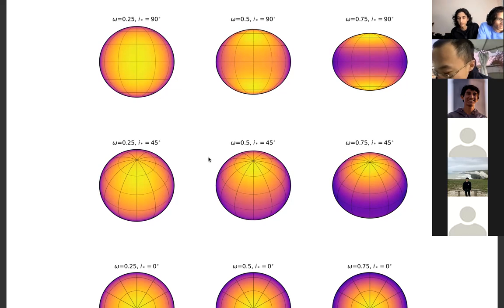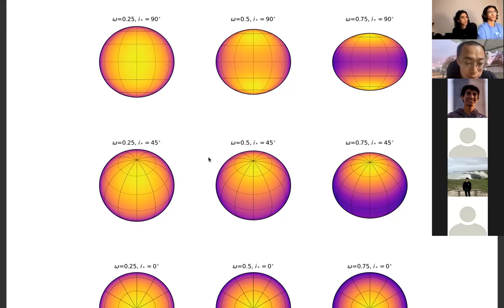Is it acceptable for very high resolution rotation rates? So which approximation were you referring to? I think it's connecting angular velocity and the oblateness, the F. Yeah, that's a good question.